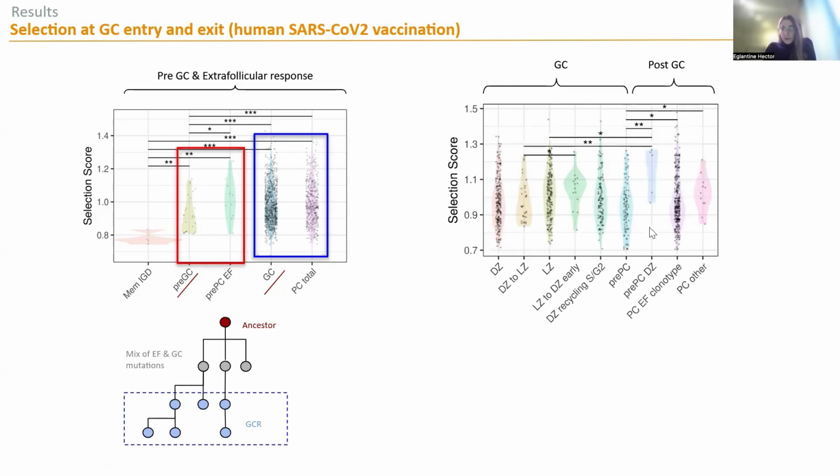And here are the results. So again, we see this increase in selection imprint in the light zone. And also, we saw that early plasma cell precursors were not selected, but there was an increase in selection imprints in late plasma cell precursors. And we hypothesized that there is a selection checkpoint during plasma cell differentiation.